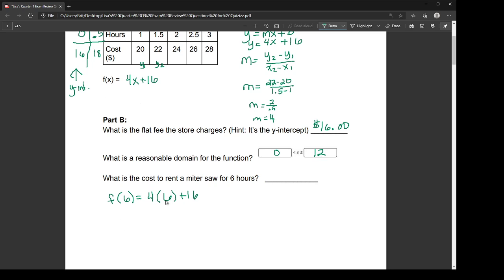With order of operations, I need to multiply first. So I have f of 6 equals 24 plus 16. And then if I add those two together, that gives me 40. So it would cost $40 to rent the miter saw for 6 hours.